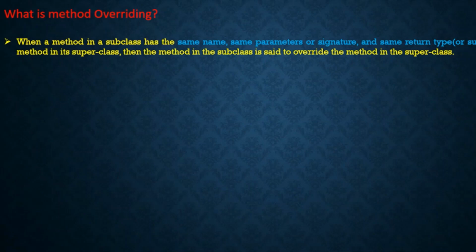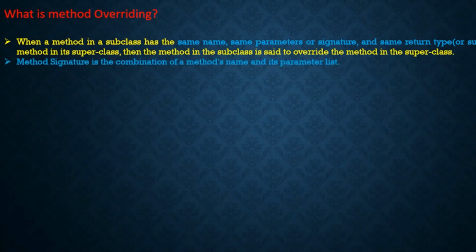If the Calculator class has the add method which takes two parameters, int a and int b, and we write the Addition class and implement the add method in it, which modifies whatever the method does in the parent class, then we are achieving overriding, because we are working on the same method that is there in the parent class. I hope this is clear.